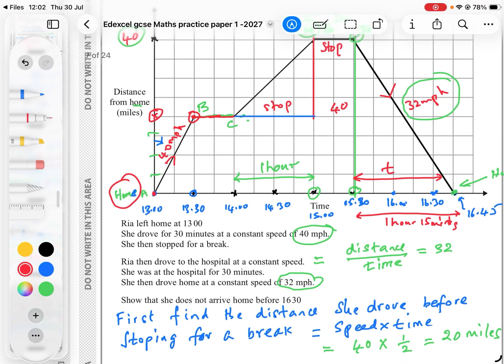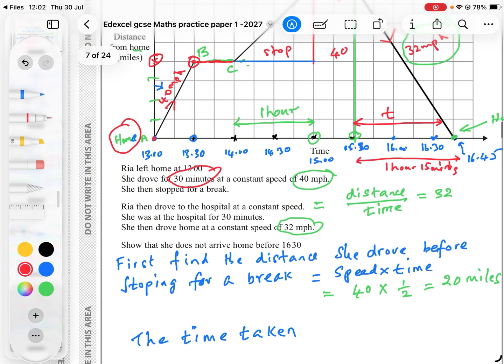So you are given from A to B, the speed, and also given half an hour. So 1 to 1:30 p.m., she drove for 30 minutes. To find the distance she drove before stopping here for a break equals speed times time.